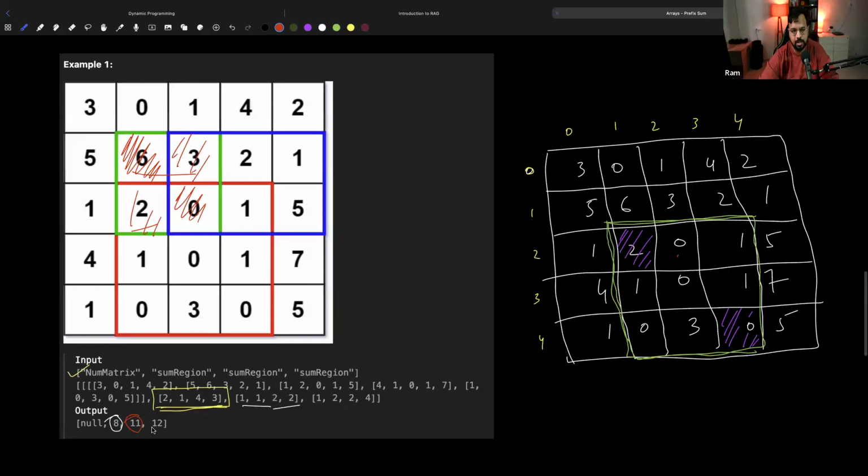Now, can we translate the prefix sum knowledge that we have from the 1D into this? Will everyone be able to write the brute force solution using loops? That you should be able to do, correct?